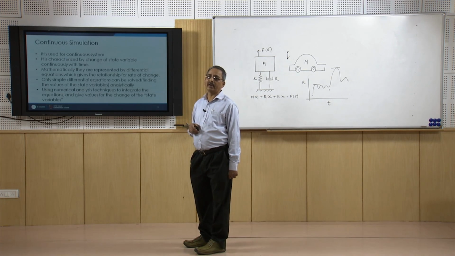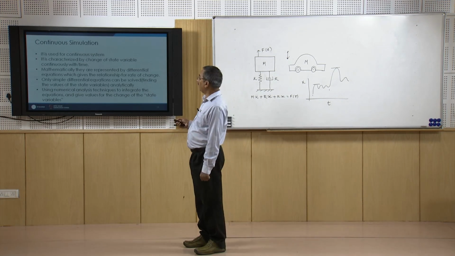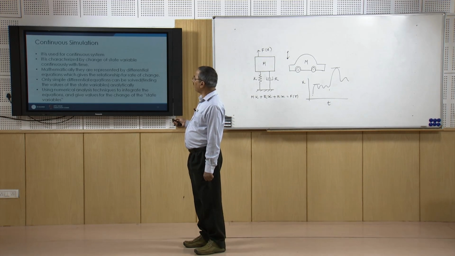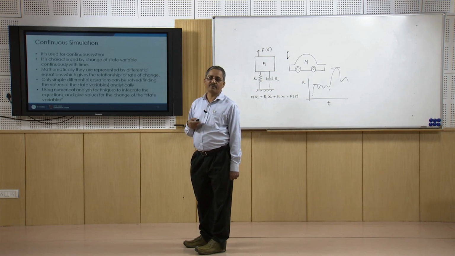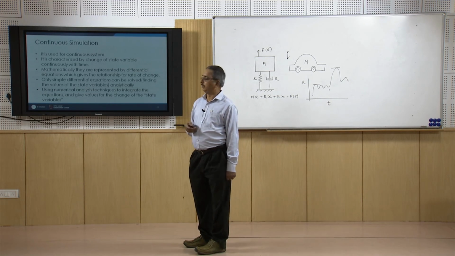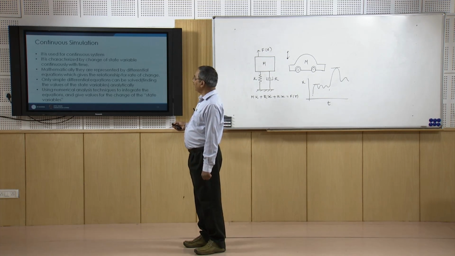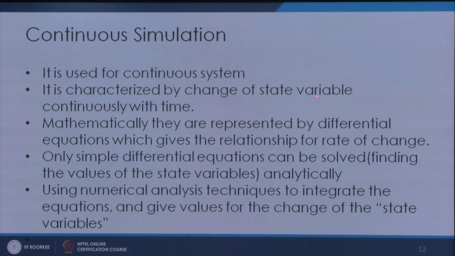So, if you are modeling a continuous system, then we use continuous simulation. I have discussed some of these things in my earlier lectures on models. It is characterized by continuous change of state variables with time.